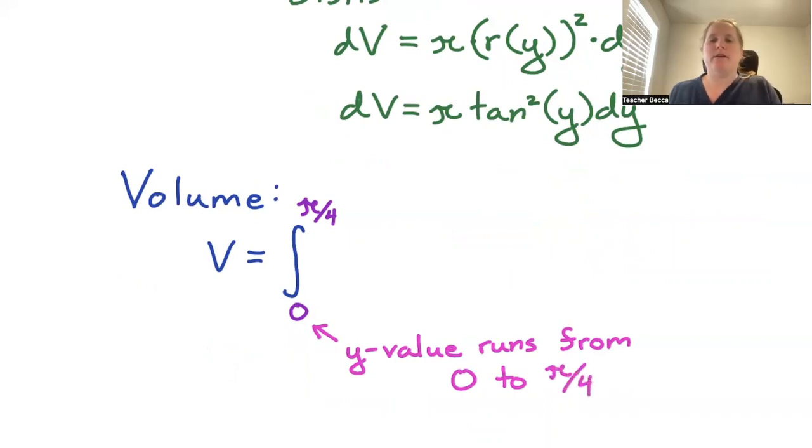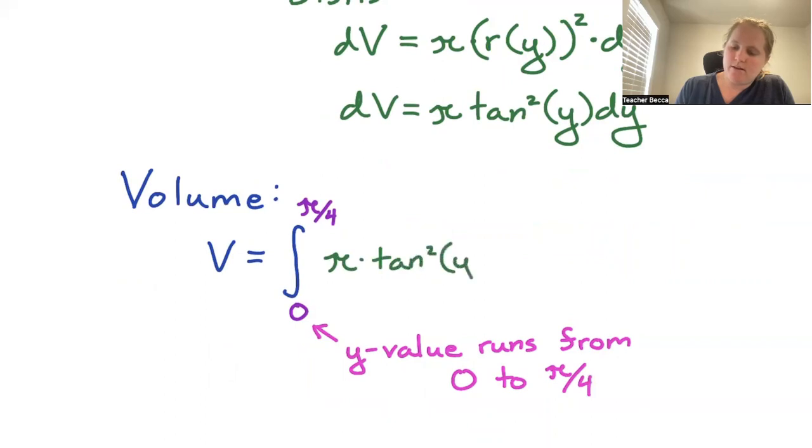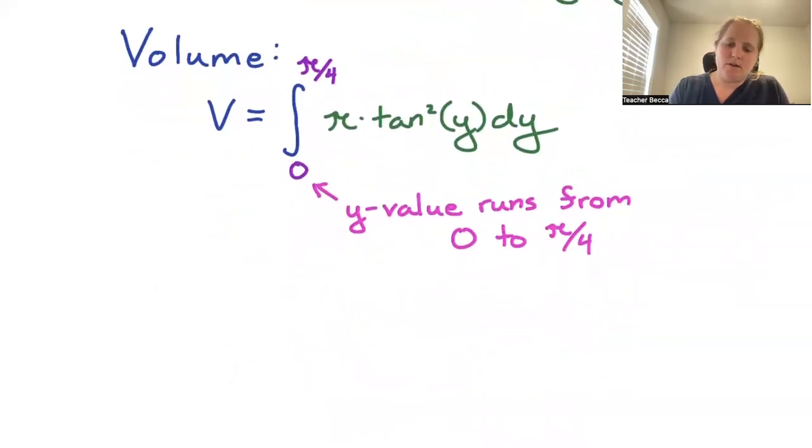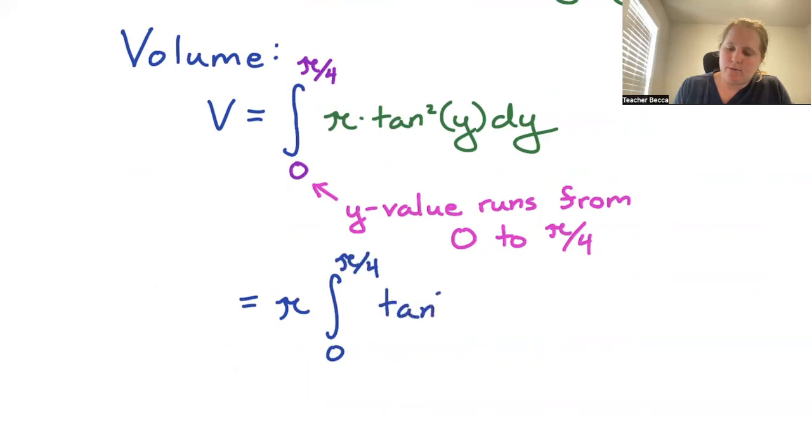This is to match the fact we are working with dy. Then we have our dV inside, so we have a pi times tan squared of y dy. So we are looking at pi times the integral from 0 to pi over 4 of tan squared of y dy.